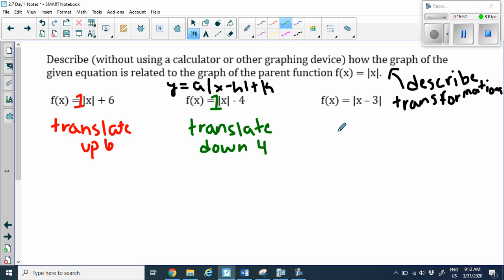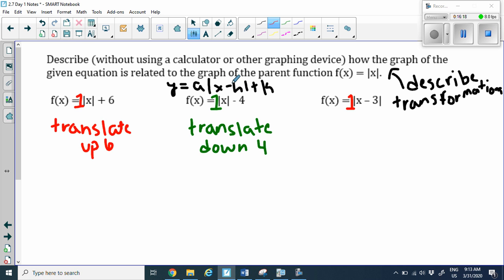Okay, let's go ahead and do the next one. We have f of x equals the absolute value of x minus 3. On this one, we have a number inside our absolute value bars. Notice once again, we have the number 1 in front, so there is no reflection and there's no vertical stretch or shrink, but now we have this h.